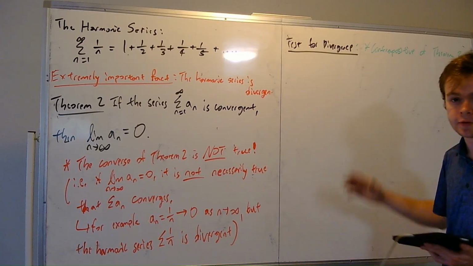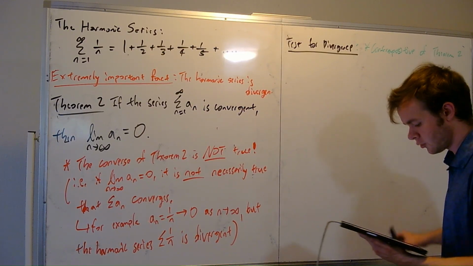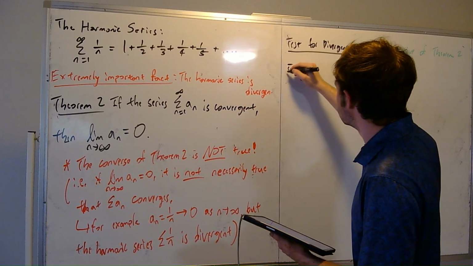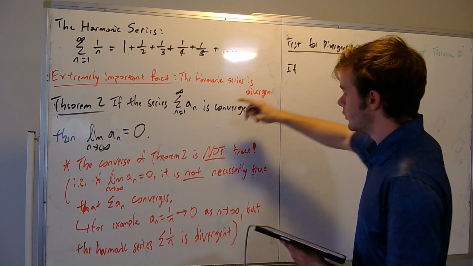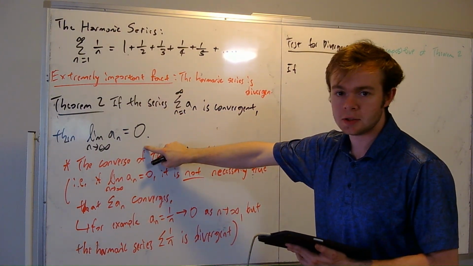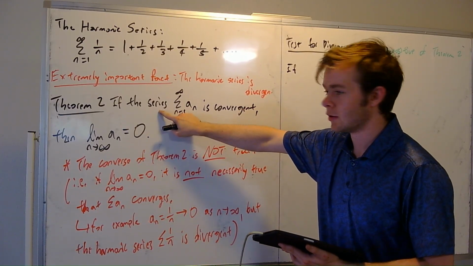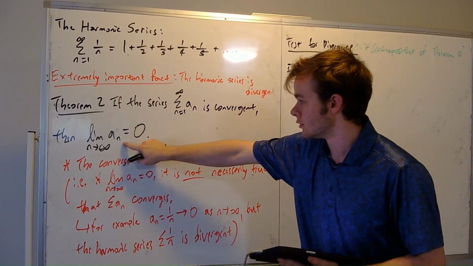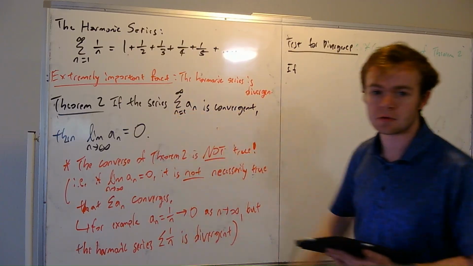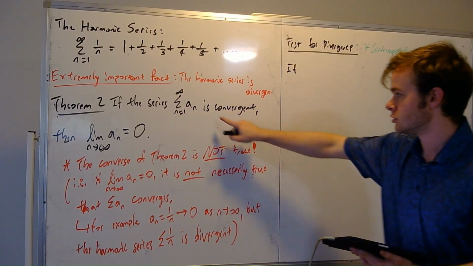So contrapositive is just a logic word, but what I mean here is if A implies B, then not B always implies not A. So I'm going to negate the second statement, and it's going to imply the negation of the first statement.